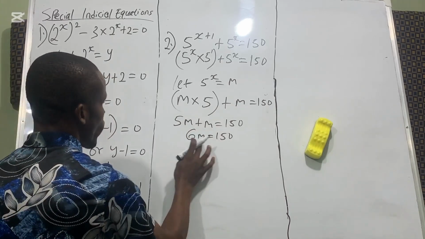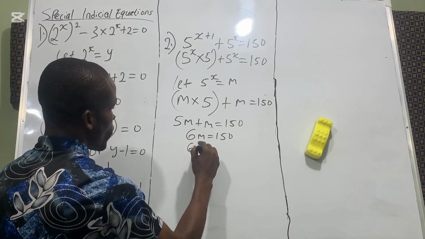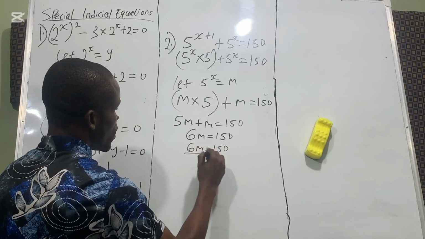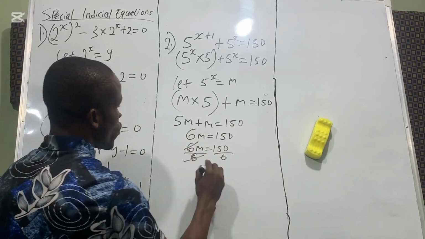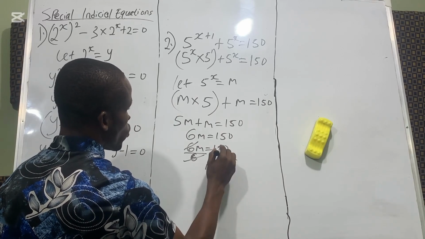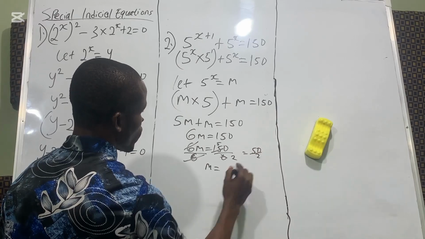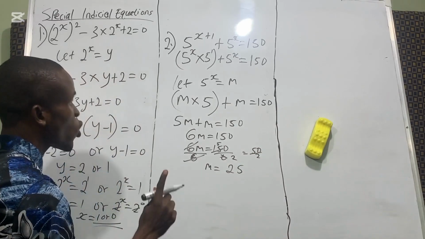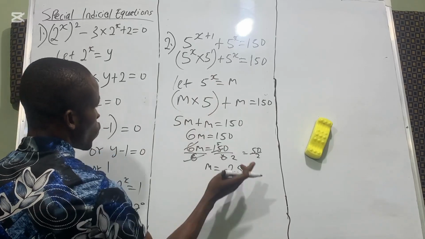6 is the coefficient of m, so we divide both sides by 6. So m equals 150 divided by 6, which is 25. Now recall that m equals 5 to the power of x, and m equals 25.